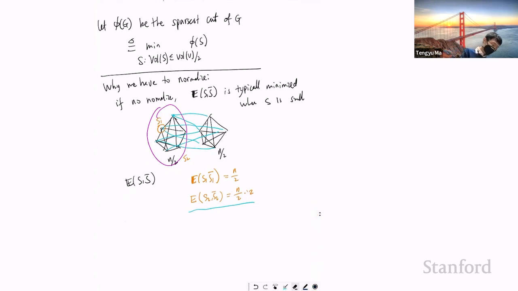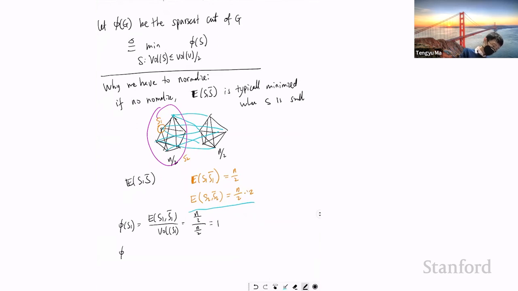However, if you normalize, then it's a different game. If you look at the conductance of S1, this is E of S1, S1 bar over the volume of S1. This is n over 2 over n over 2, so this is 1.